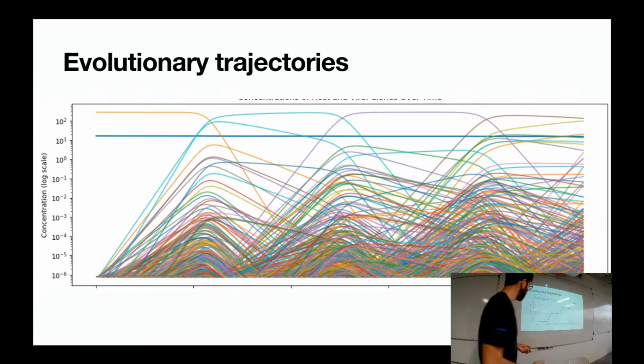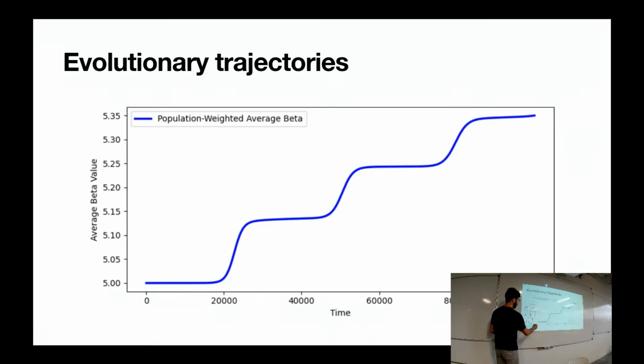What we would like to write is, so this quantity here is the average value of beta in a population. So you take the relative abundance of virus i over all the viruses, and you look at the sum over j of beta_j x_j. So it's the average value of beta in the population.